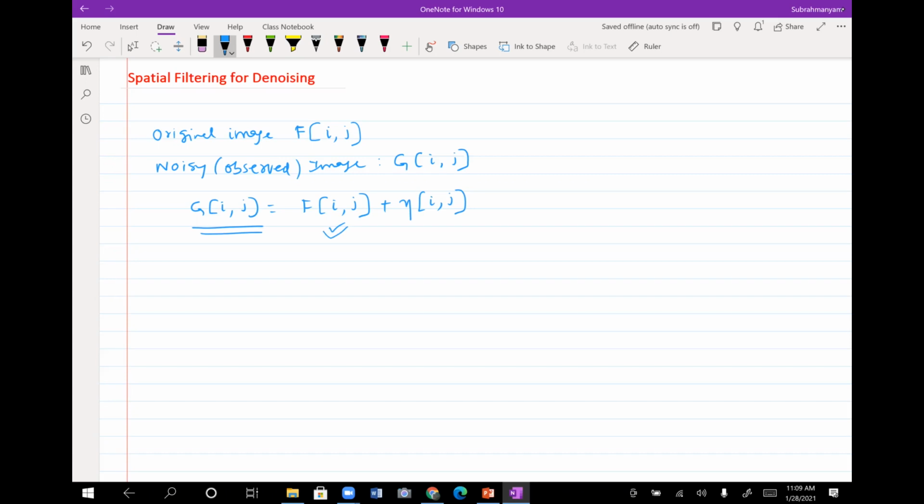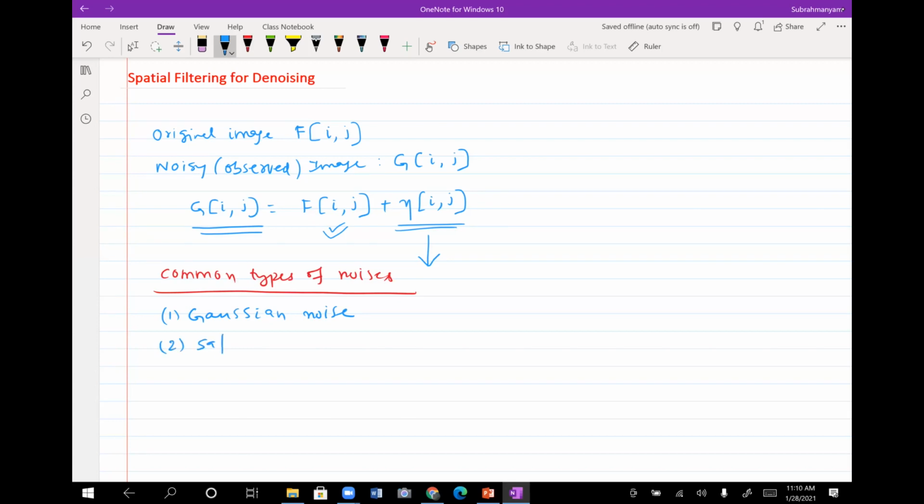Okay, so what could be some of the common types of noises? Can you name some? One is the Gaussian noise. Salt and pepper noise.